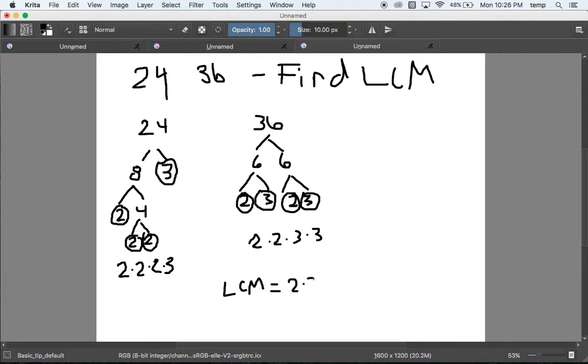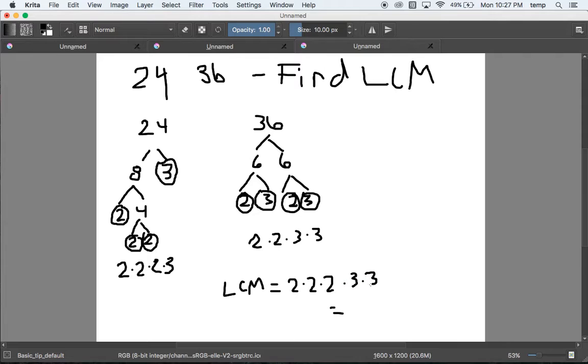So that'd be 2 times 2 times 2. Now we look at our other factor, which is 3, and 3 appears once in 24, and it appears twice in 36. So the most times that it appears is in 36, where it appears twice. So we'll do times 3 times 3.